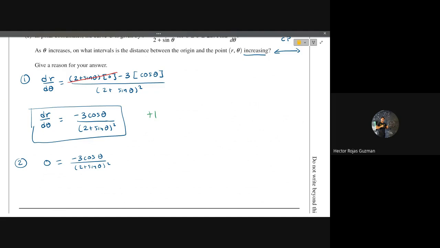We just want the numerator to be equal to 0. But also, the denominator is being squared, so it's going to be positive no matter what. So again, the denominator does not affect this in any way. So really, you should be just focused on this. Divide by -3.